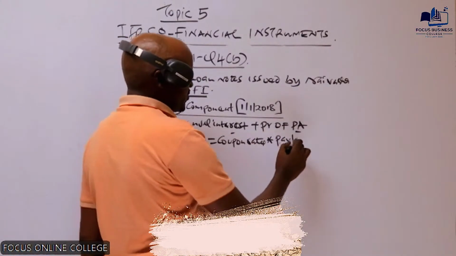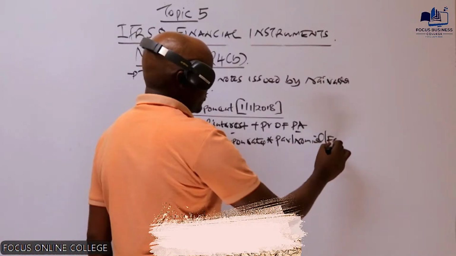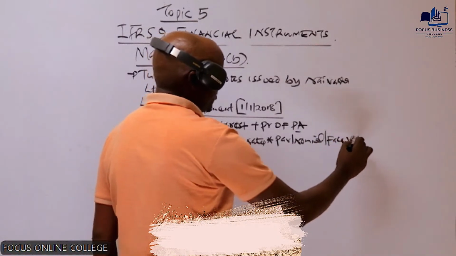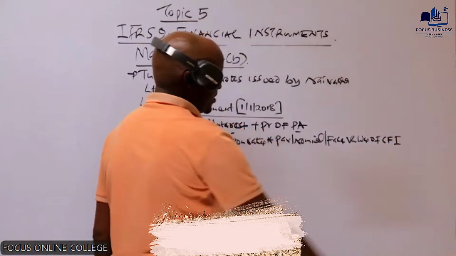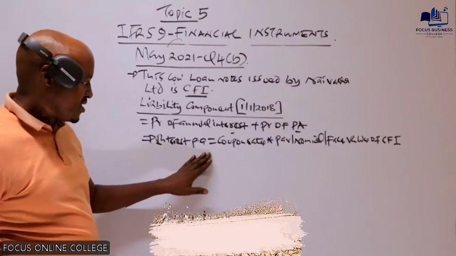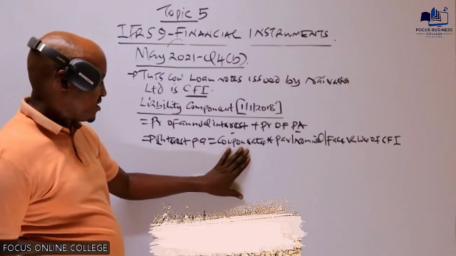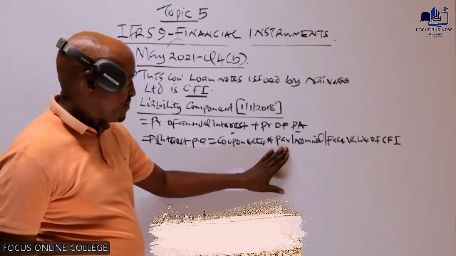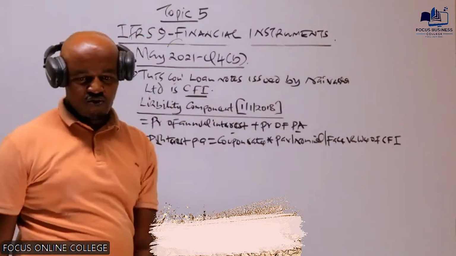The par value is also known as the nominal value, or the face value, of the compound financial instrument. That formula is very, very important for computing the interest to be paid on an annual basis: the coupon rate times the par, nominal or face value of this compound financial instrument.